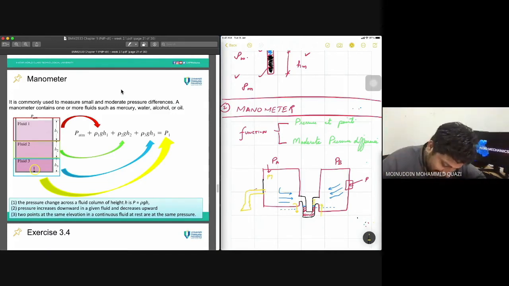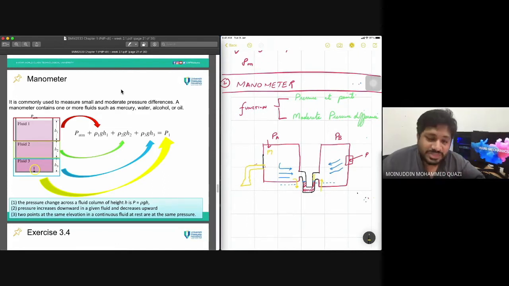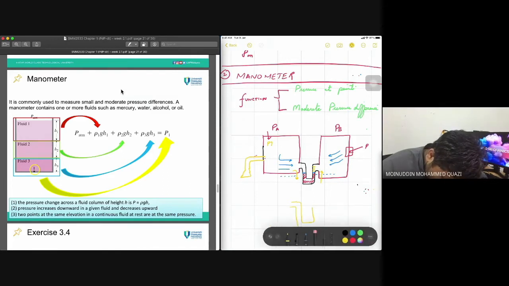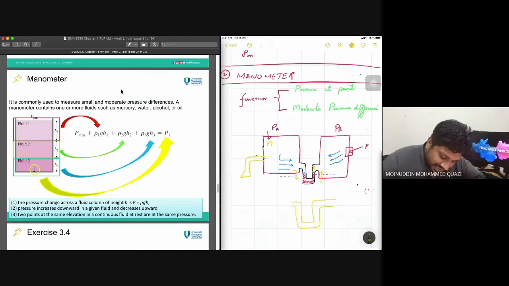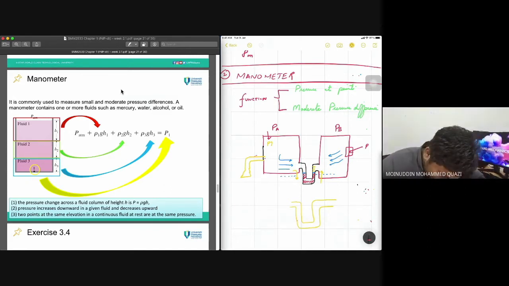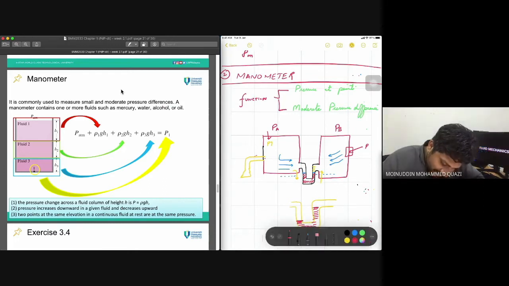So how does the manometer look like? If I draw the manometer again, now the manometer is exerting more pressure because Mr. Shamil increased the compressor. So the fluid moved down, and on Mr. Alif's side, the fluid moved up.